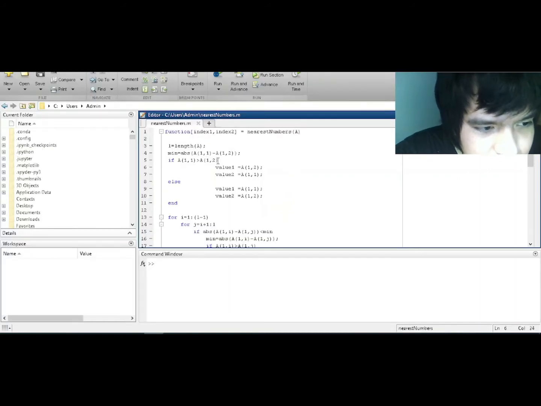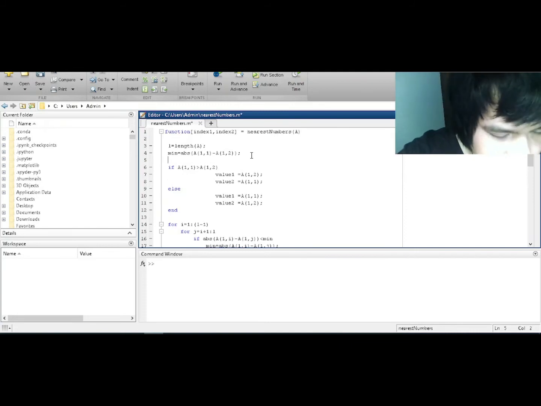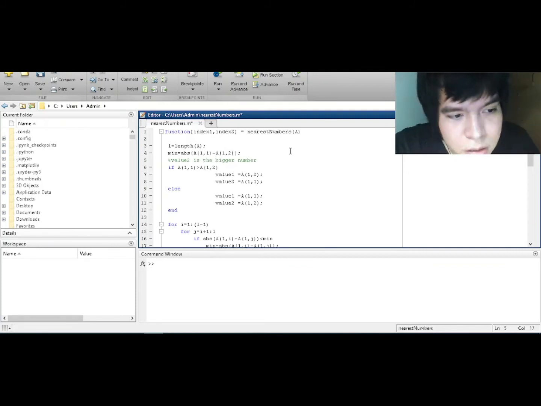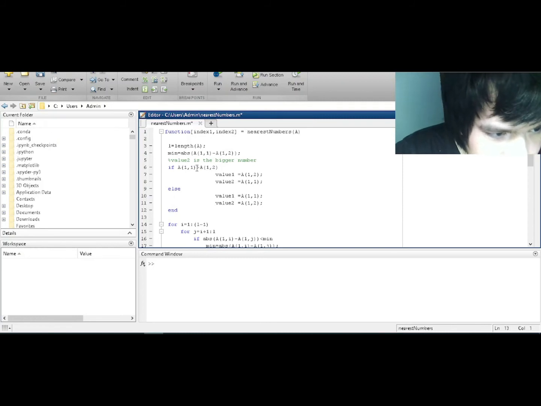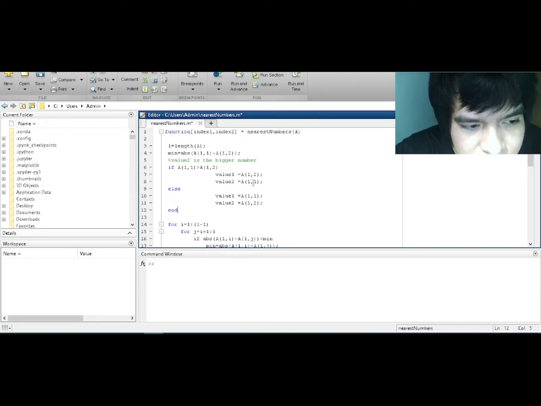I have also made an assumption that value 2 is the bigger number. So that's why, when this value is bigger, this is value 2, and in the other case, when this value is bigger, then this is value 2. So we just do this to start.